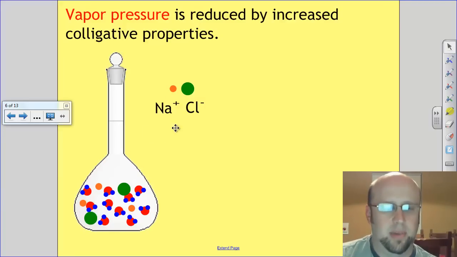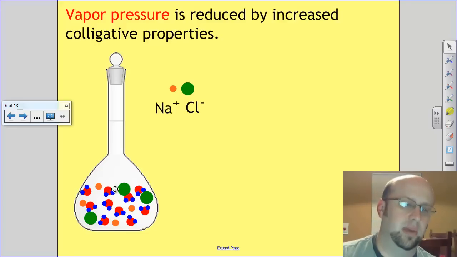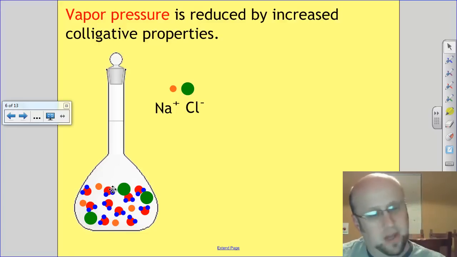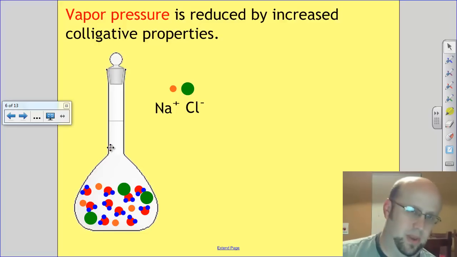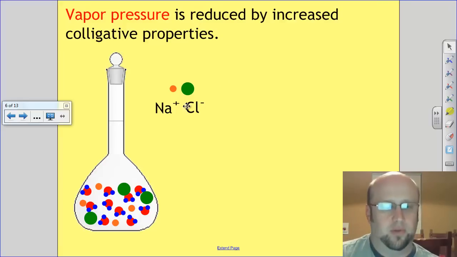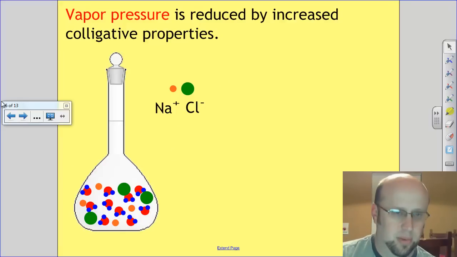What starts to happen, and this becomes relatively obvious pretty quickly, is once you start to add some of these particles in, they are going to physically block some of these water molecules from being able to escape. There's just not room on the surface, even if they have enough energy, to be able to get out of there. So that means it's going to lower the vapor pressure of the solution. Adding the sodium chloride is going to reduce the vapor pressure.